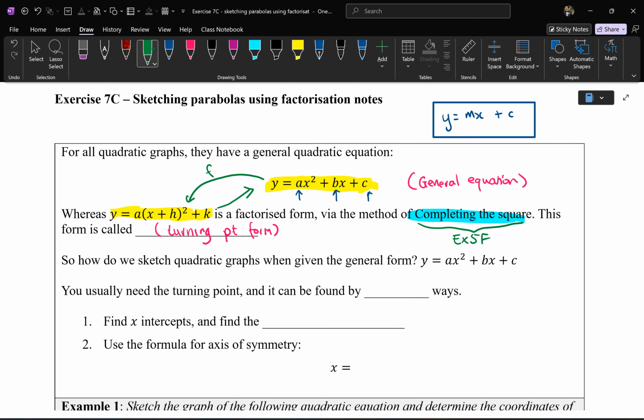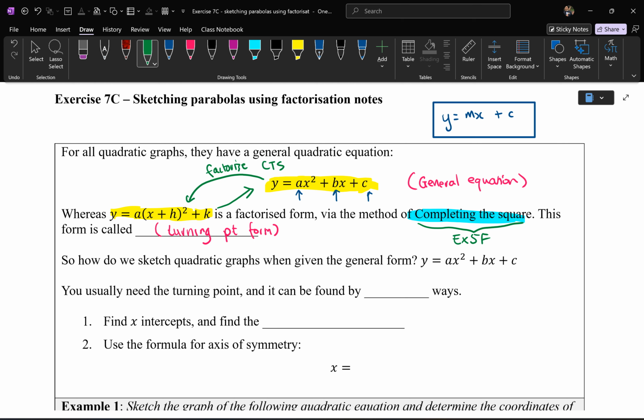So to factorize by completing the square, that's 5F, which you'll learn next lesson, you will be able to turn a general form into a turning point form. And if you want to go from turning point form back to general form, you expand the brackets, which is what you learned in exercise 5A. But there are two key forms for you to work with quadratics.